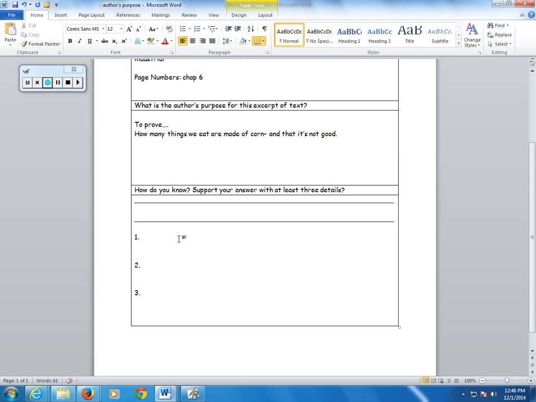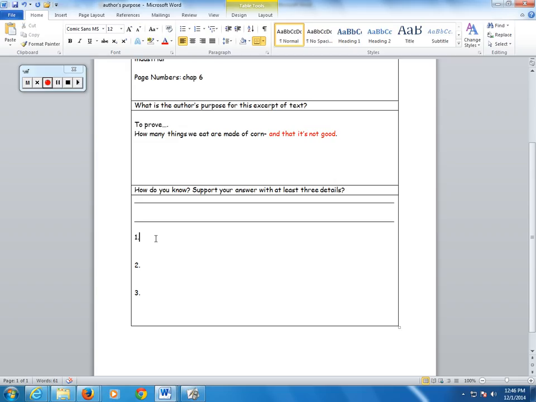So not only do you want your details that prove things are made of corn, but more importantly, details that prove Michael Pollan thinks that it's not good. So yeah, there's plenty of stuff in the book that proves things are made of corn, but what specific things does he use to prove that it's not a good thing?